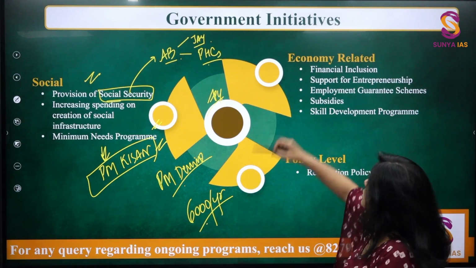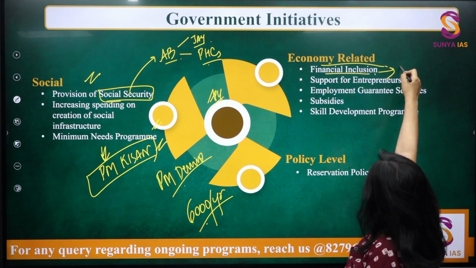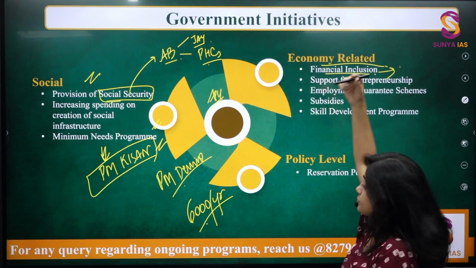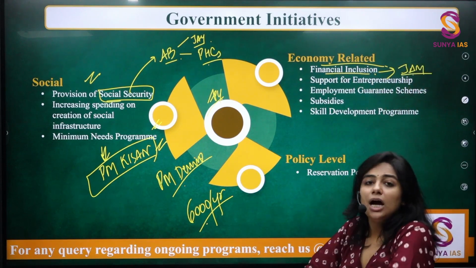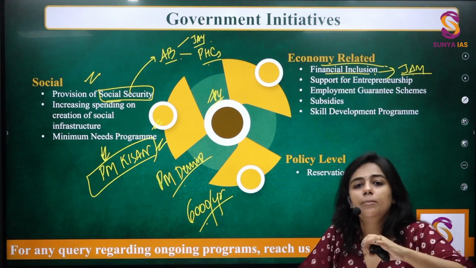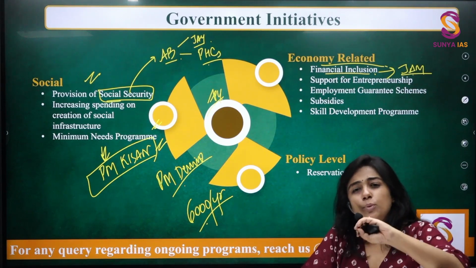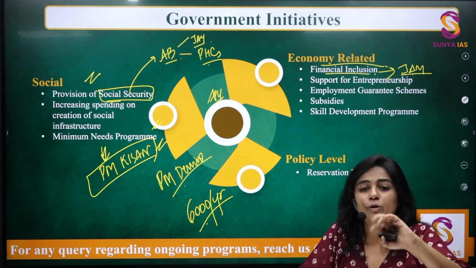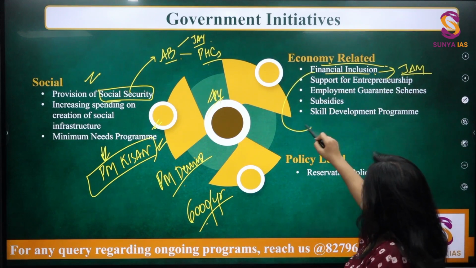Okay. Then economy related financial inclusion, there is the JAM Trinity. Fine. Jan Dhan, Aadhaar and mobile. And India has become a global case study of how to include the poorest of the poor in your financial inclusion. So JAM Trinity is there.